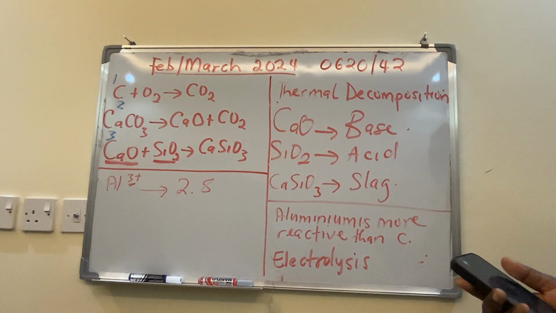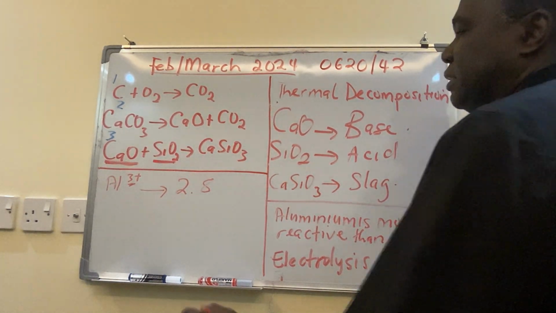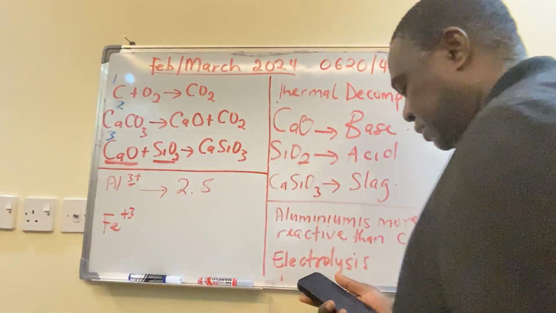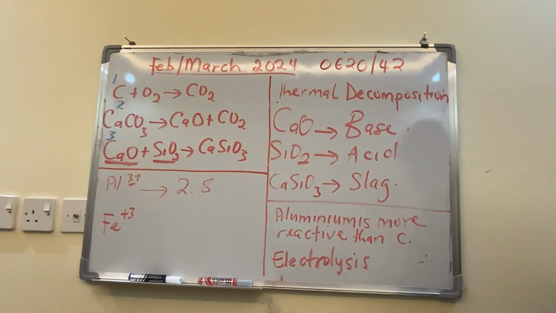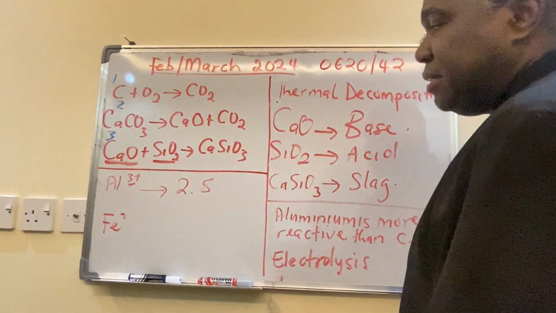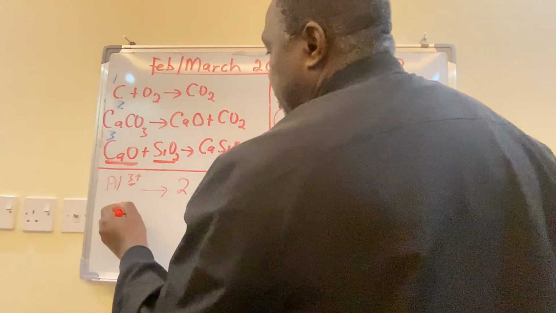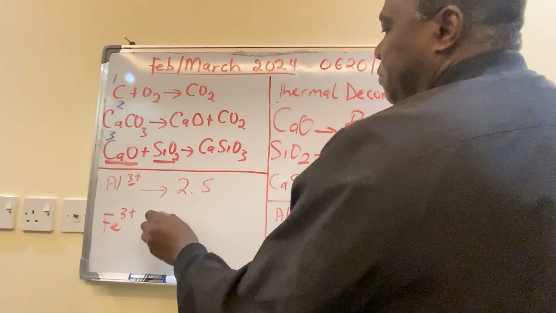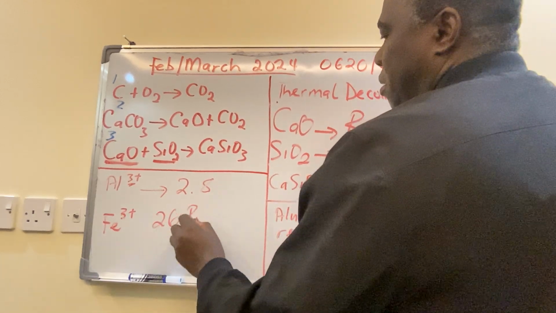Okay, and then the last question was talking about the Fe, Fe 3+. So if you look at Fe 3+, its atomic number is 26. So it will have 26 protons.